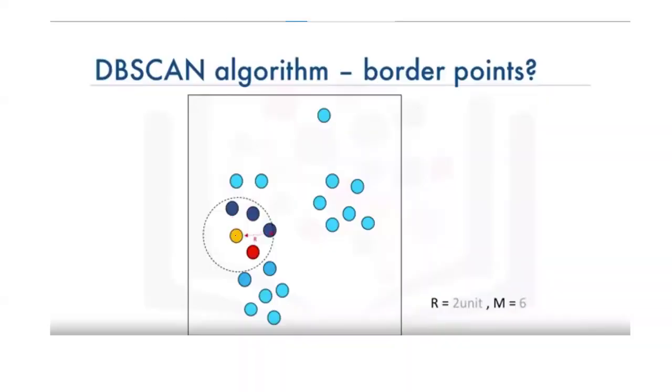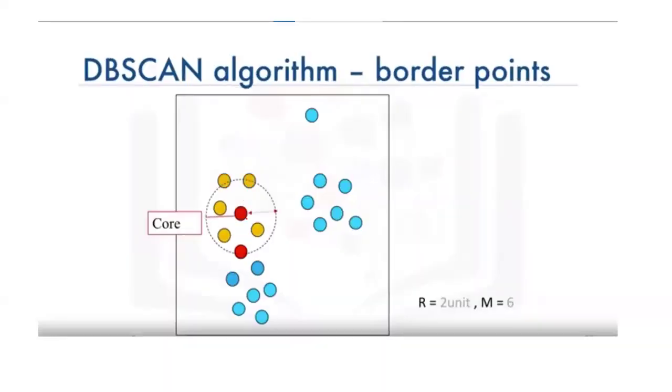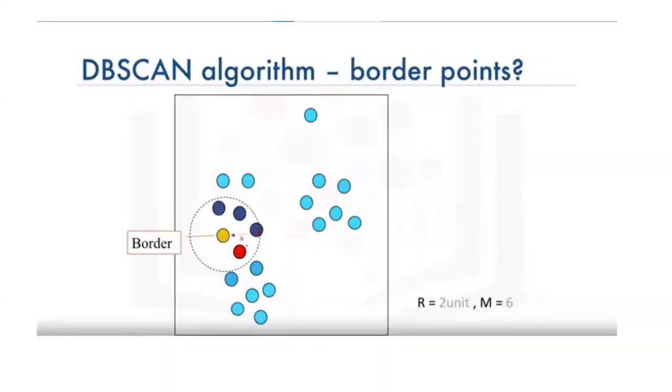Here this yellow point does not have any other observations on this particular side, so it is considered a border point. Like that, it will keep labeling those observations as border points or core points. Now it will shift to this. These are all the neighbor points of this particular core point, and among those neighbors, it will assign which points are border points and which can be considered core points.